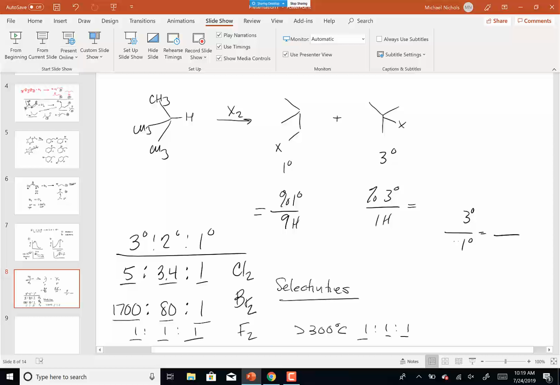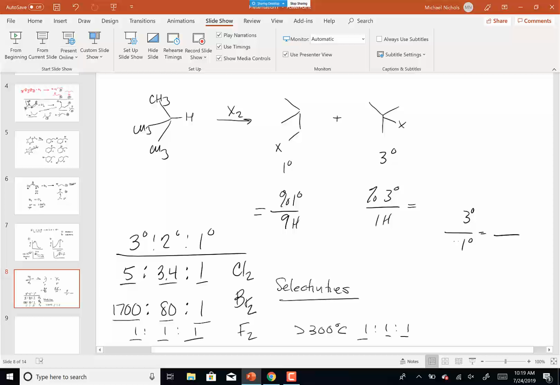So, why are the numbers different? And we'll do this sort of non-mathematically, but everything boils down to the Arrhenius equation.